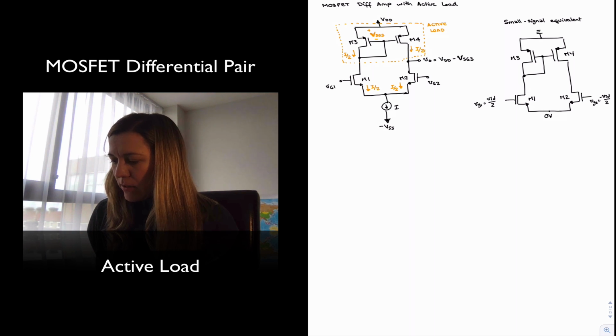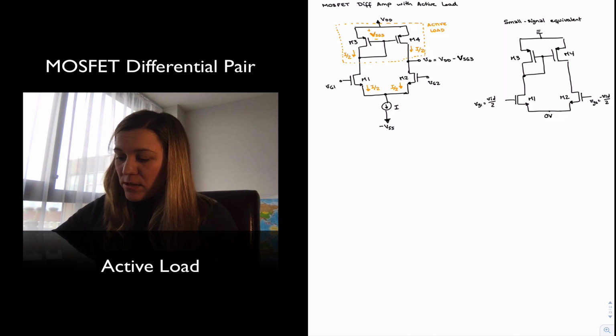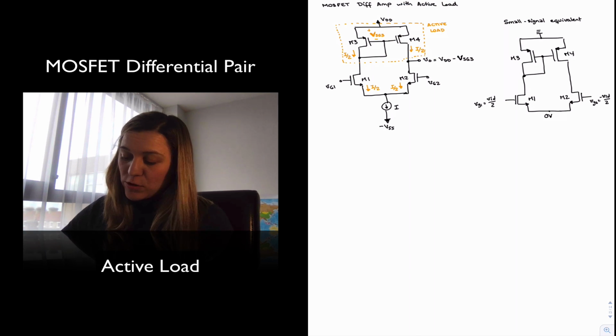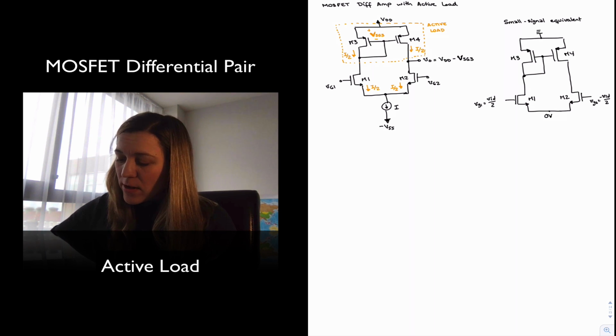All right, and what I am going to have with my small signal circuit is, as we previously did, since I have a small signal input voltage VID/2 on the gate of M1, that's going to produce a current here, which is going to be gm VID/2, right?